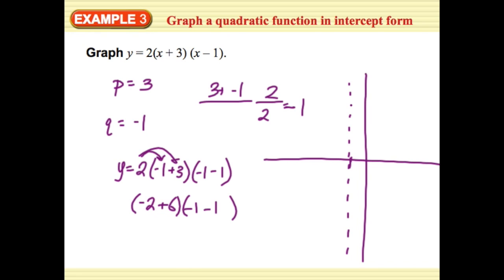First is 2, outer is 2, inner is -6, and last is -6. So 2 and 2 is 4, -6 and -6 is -12, which gives me a coordinate of -8. So at -1, my vertex is going to be at -8.